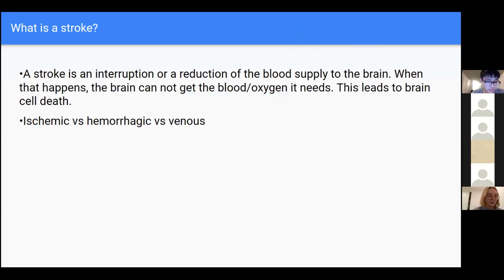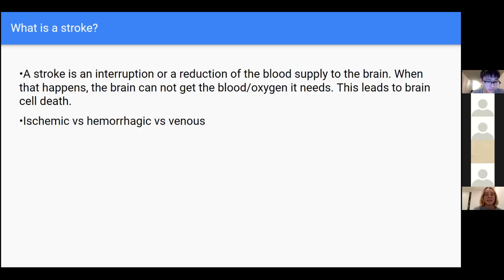There are different types of strokes, as we know. First of all, the ischemic type of stroke. Ischemic is where there's a blockage in the blood vessel that prevents the blood from going further, and that creates ischemia. There's also a hemorrhagic type of stroke.